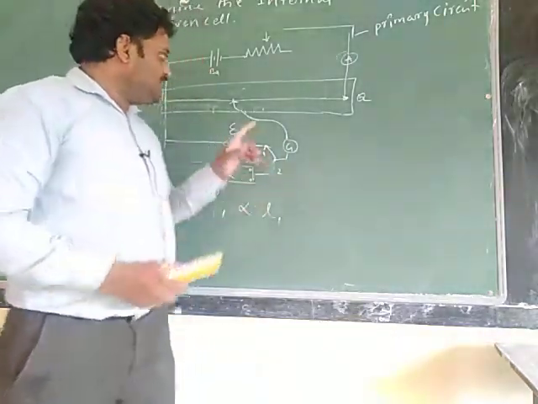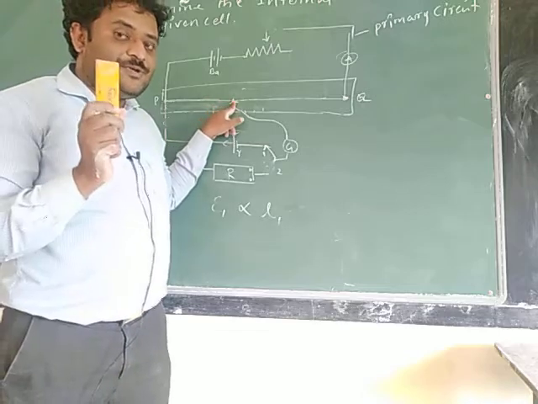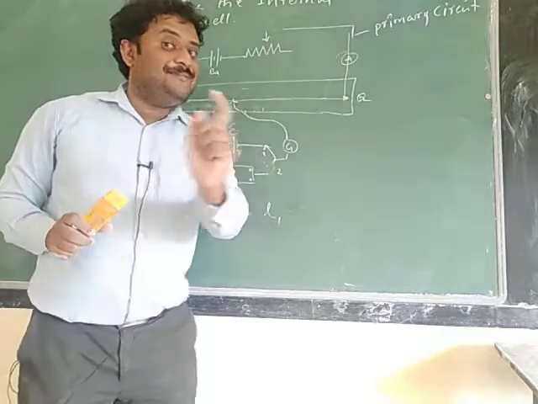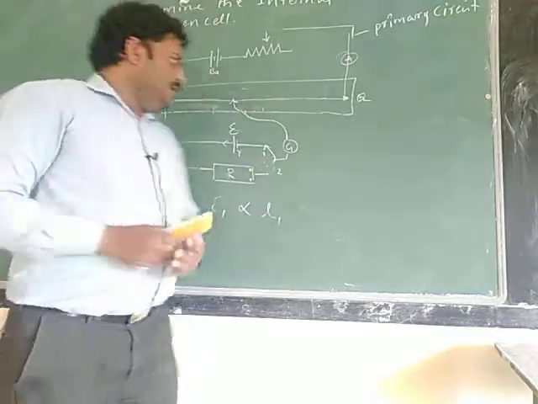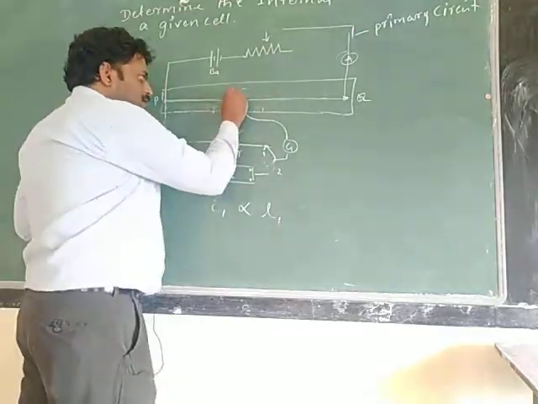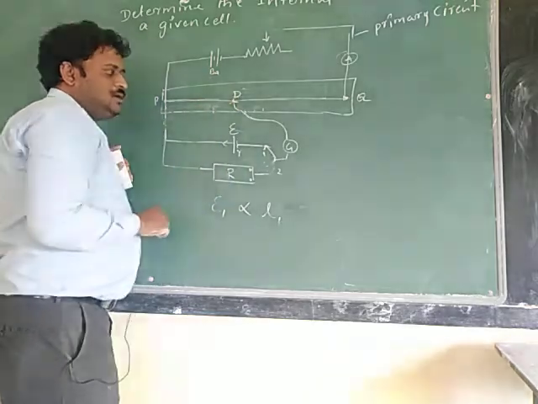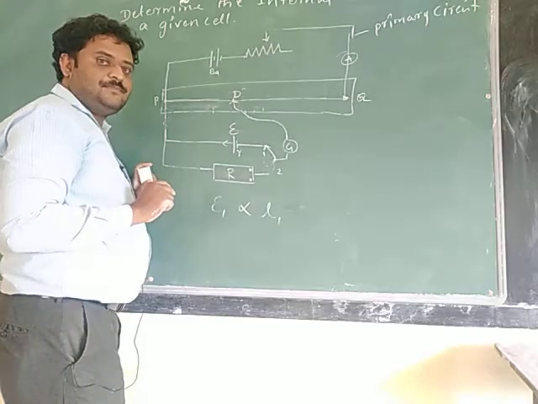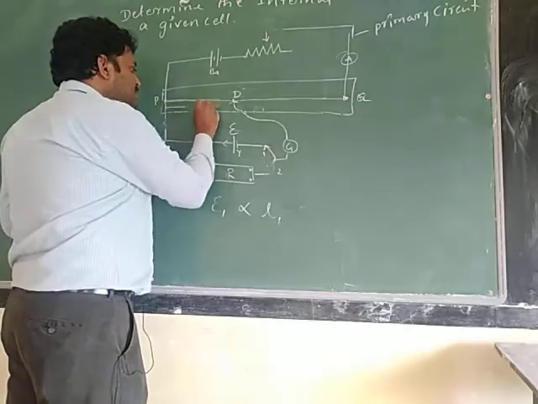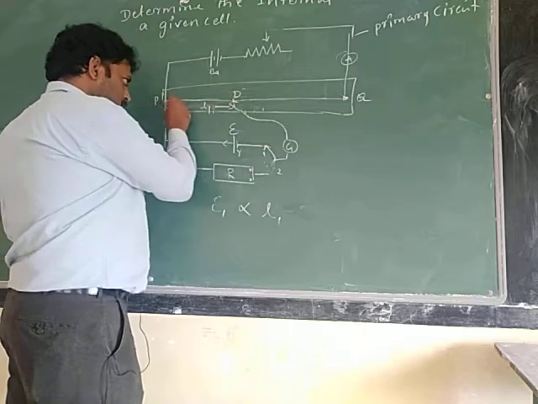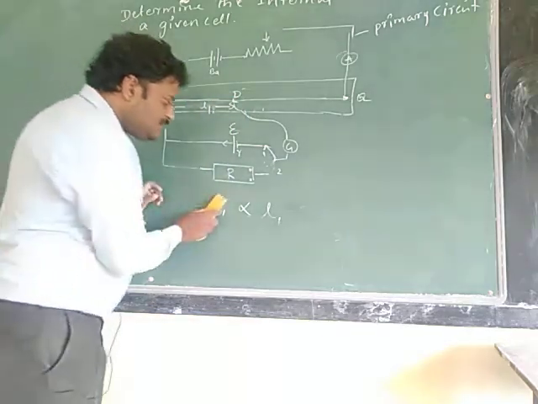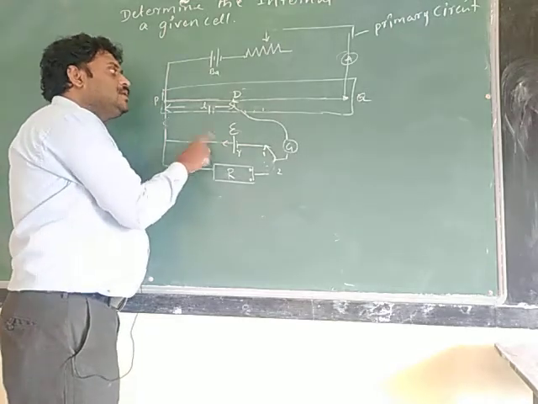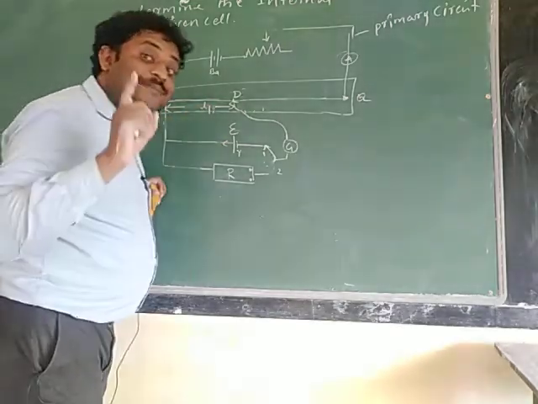If the galvanometer shows a null deflection, that concludes the bridge or circuit is said to be balanced. This is the point D. The galvanometer is showing null deflection, zero deflection, and we can measure the balancing length as L1. According to this principle, the EMF of the cell in the secondary circuit is directly proportional to its balancing length.